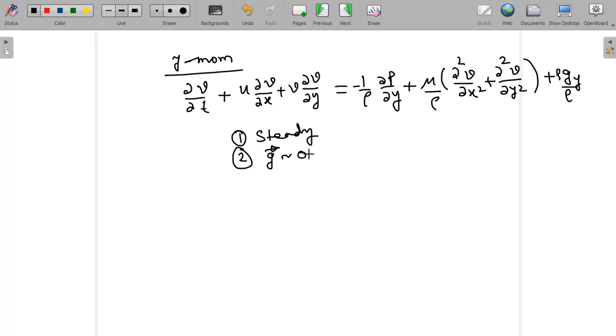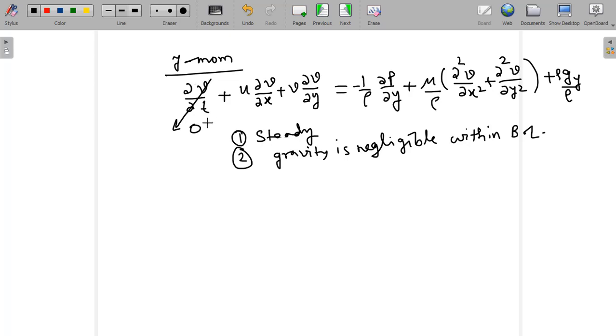It is not that g is exactly 0; the effect of the body force can be neglected with respect to the other terms. If the flow is steady, the time derivative term will be 0, and the gravity term will be 0 because of the second assumption.